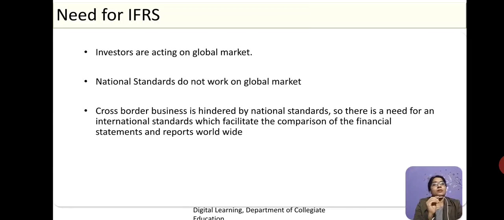So as the globe has become a small village where there's no boundaries, where the business has grown outside their domestic markets, we need one accounting standard which basically can be applicable anywhere, whether you are in India, whether you are in US, whether you are in UK, wherever you're operating, the standard or the framework what you are using has to be common. So that's why we need IFRS in practice.